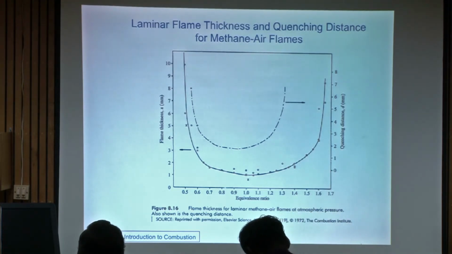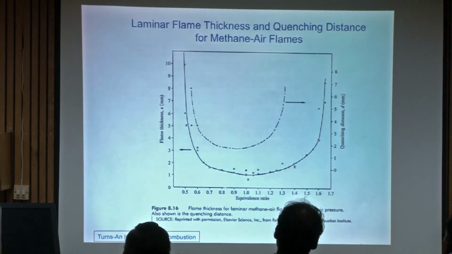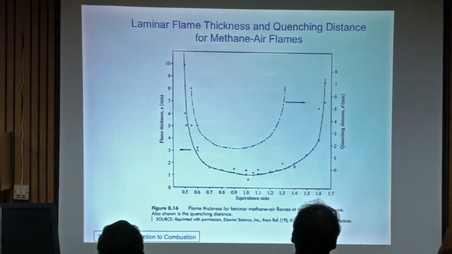What this shows is that it behaves almost like the equivalence ratio curve, but it's higher than the flame thickness. The diameter should always be kept below 2 mm. Yes, exactly, for most fuels.